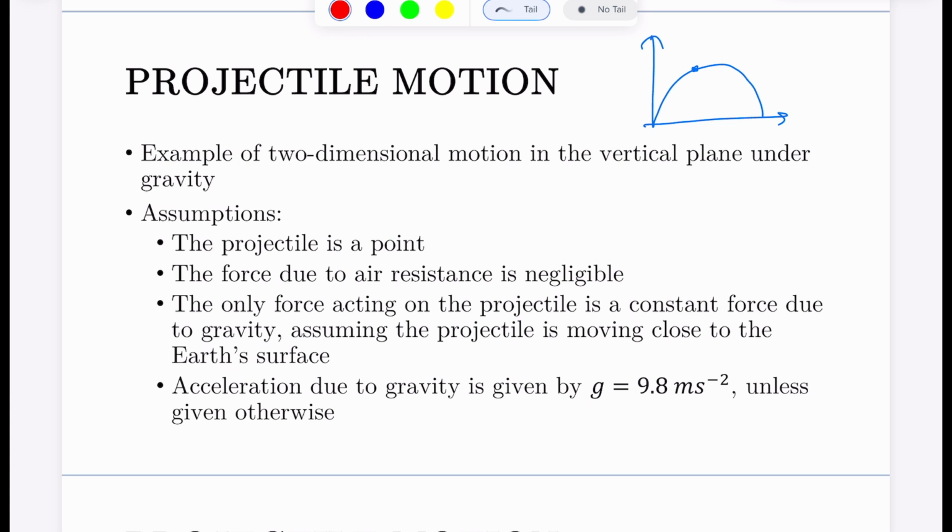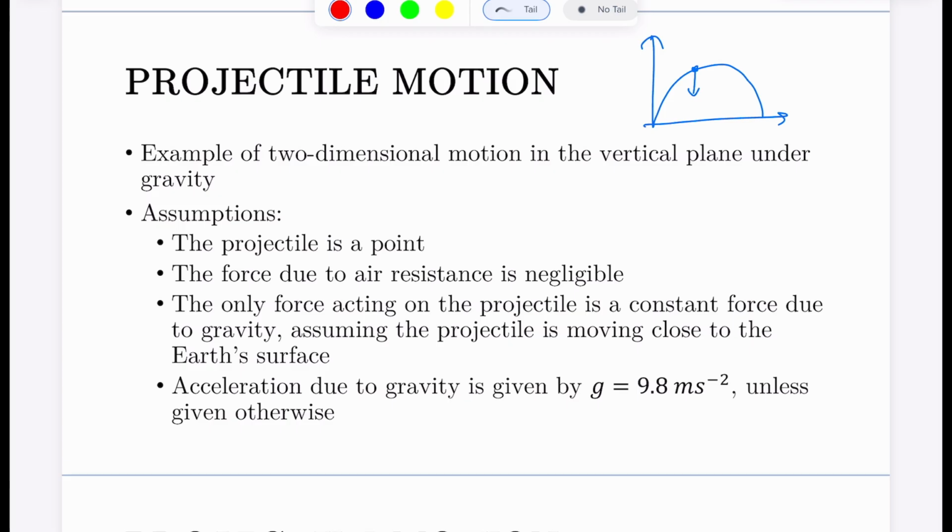The other thing is that the only force that's acting on the projectile is gravity. So that's a constant downward force, and we'll get into that more later when we go to derive the equations of motion. But this is the same assumption as we have in physics. And the last thing is that the acceleration due to gravity is 9.8 meters per second squared unless otherwise specified.